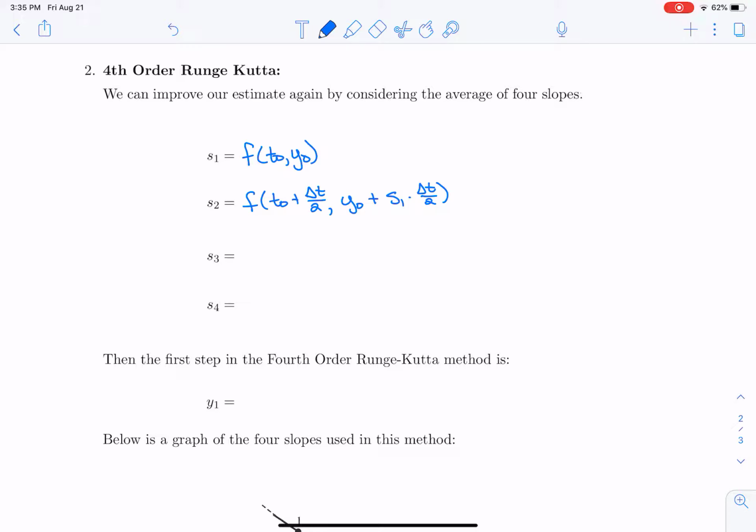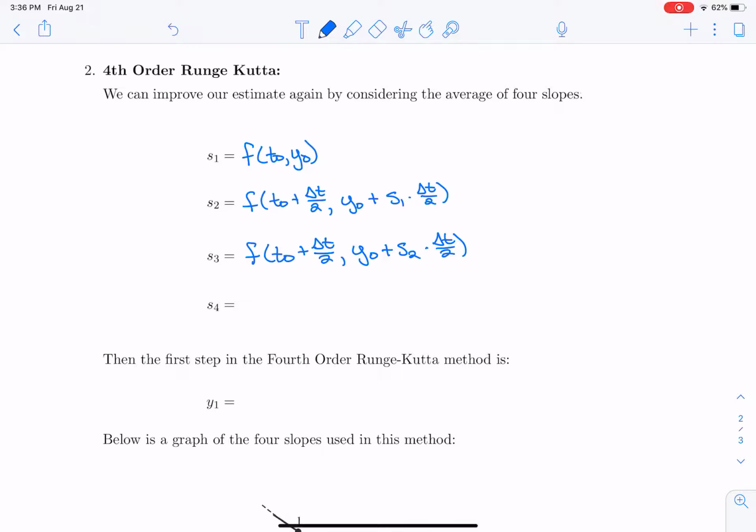Now we can consider a third slope, which is again half a time step forward, but instead of being half a time step forward from the first slope, we'll do a half time step forward from the second slope. So y0 plus s2 times delta t over 2.